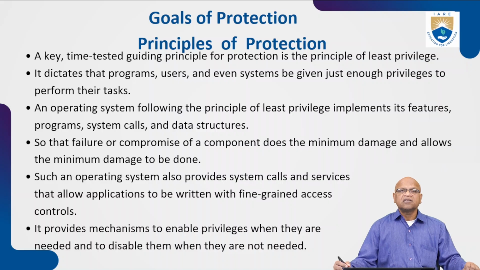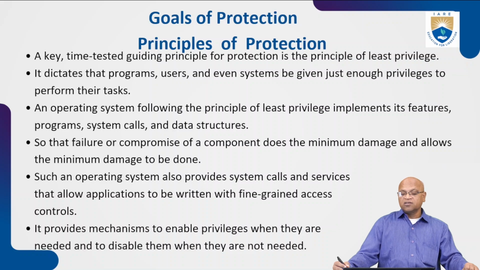Such an operating system also provides system calls and device services that allow applications to be written with fine-grained access controls. It provides mechanisms to enable privileges when they are needed and to disable them when they are not needed.